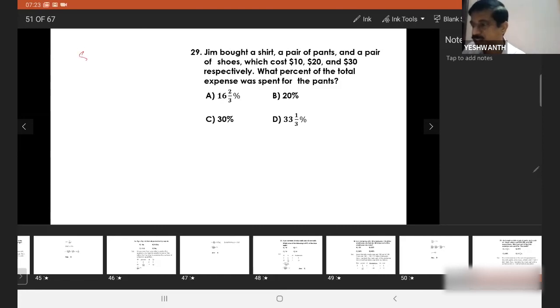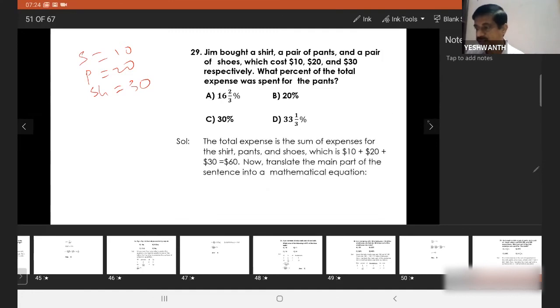Shirt is 10, pair of pants is 20, and shoe is 30.